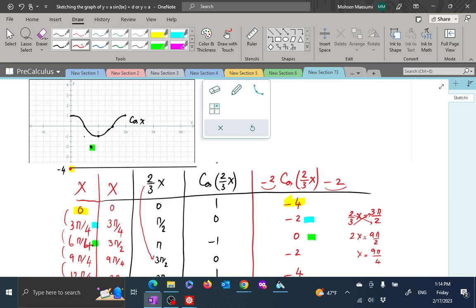So let me make sure I did it right. 3 pi over 4, 3 blocks and minus 2, and I'm here. My coloration is not right. Let me see. Is that right? That was supposed to be blue. That's my blue, so it came here.